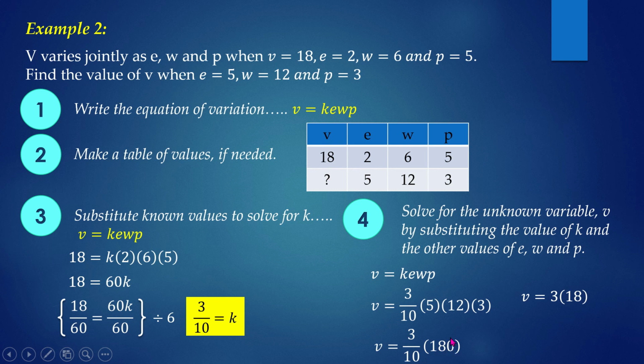Since 180 is a whole number, it is the numerator. So I divide 180 by the denominator 10, and that is exactly 18. What remains is 3 times 18, which is 54. So the value of v is 54.